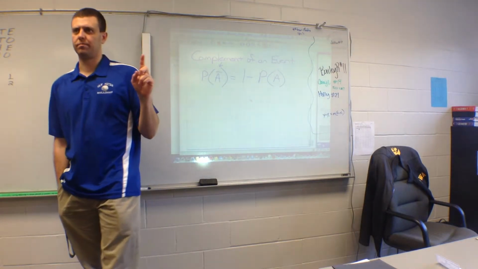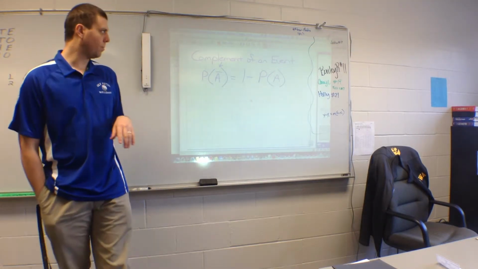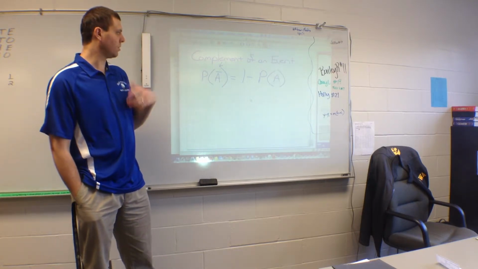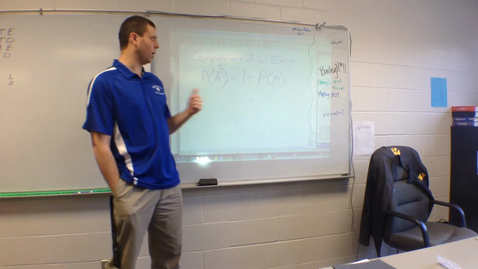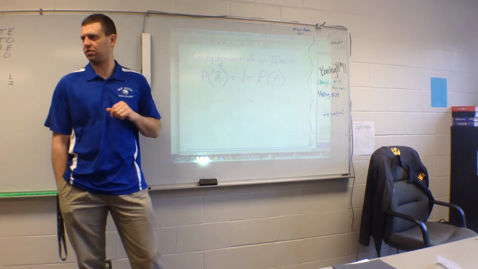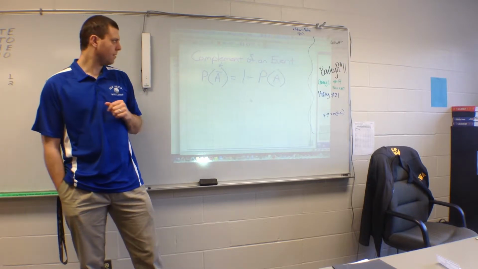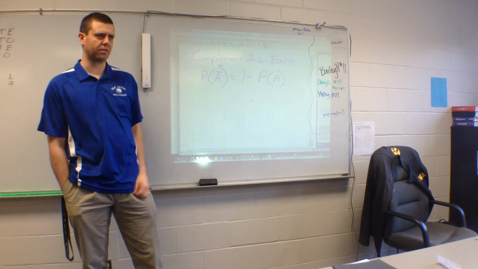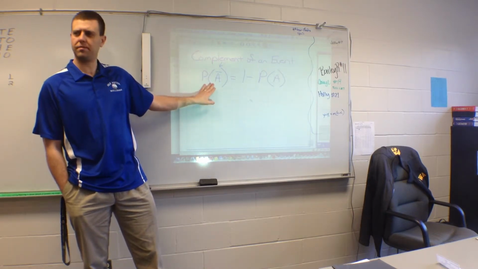There's only one of them. So the probability of you rolling a number less than 6 is going to be 5 out of 6 because there's only one way to get something that's 6 or higher. So 1 minus 1/6 would be 5/6. Basically just know that the two probabilities have to add up to 1 and subtract from 1 to get the other. That's complement of an event.